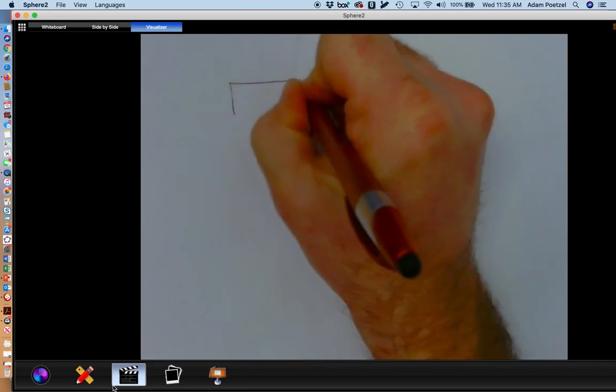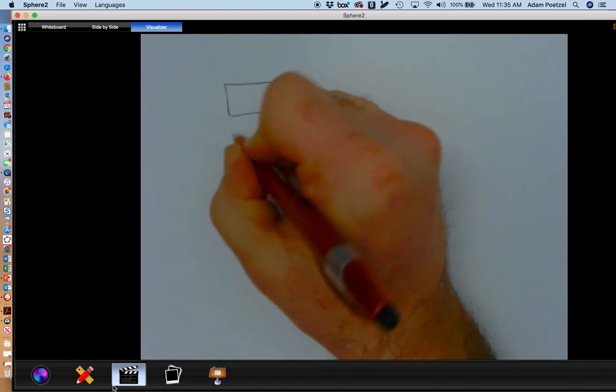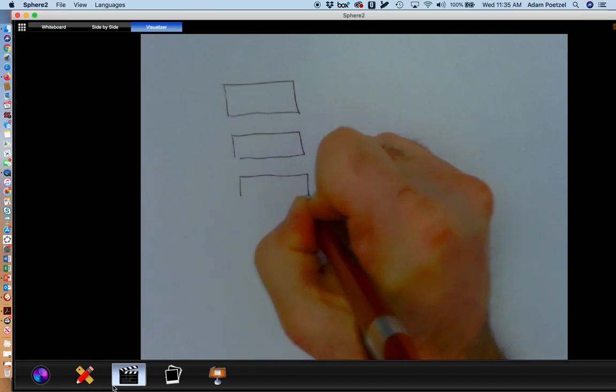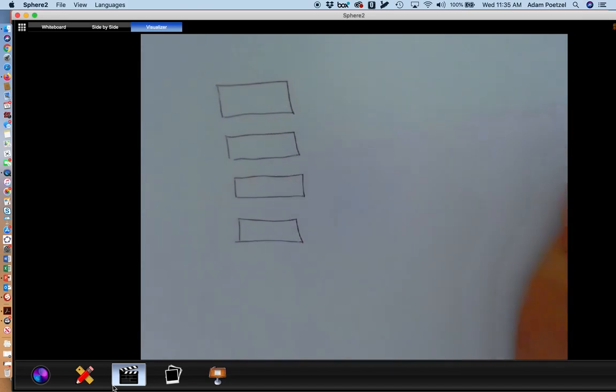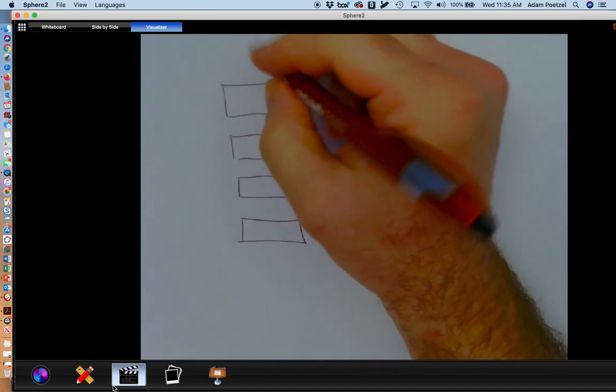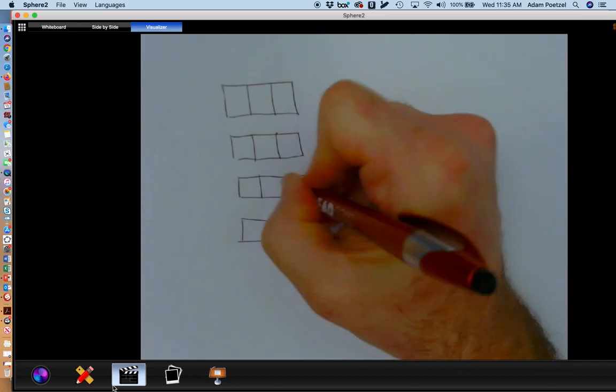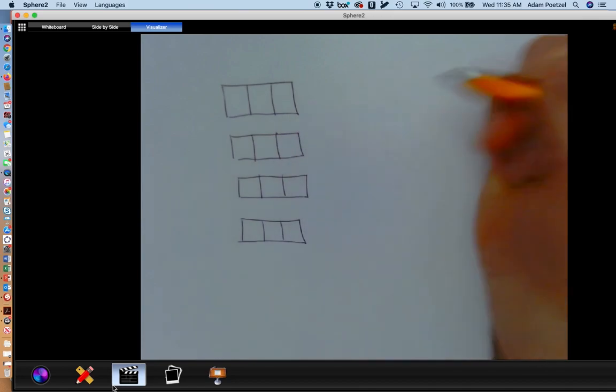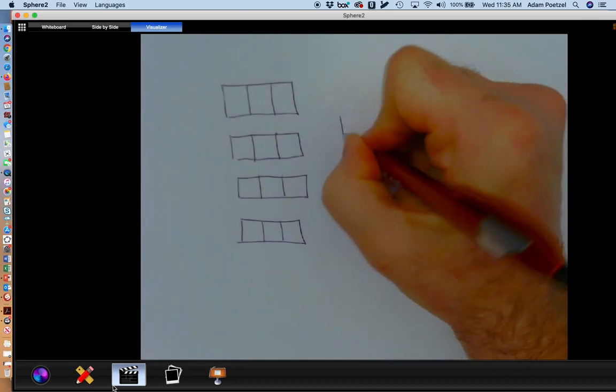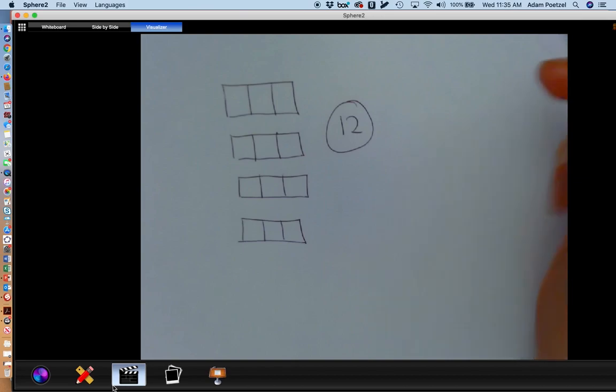We could draw this lots of ways, but if this is a dog biscuit, and I have 4 of those, we break them into thirds because we've got to make our dog work for these biscuits. Each one is broken into 3 equal pieces. And here we can see that there would be 12 pieces to give my dog.